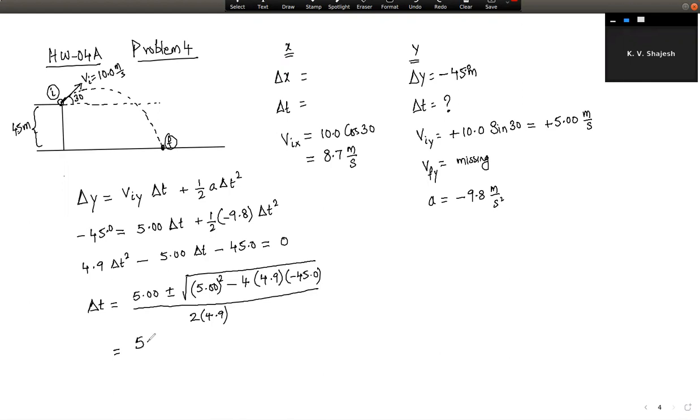So that's 5.00 plus or minus the square root of 907. That's 30.1, and you need only 2 digits, divided by 9.8. There's a positive and a negative number in there. 30.1 plus 5 is 35.1, divided by 9.8. So that's 3.6 seconds. So plus 3.6 seconds.